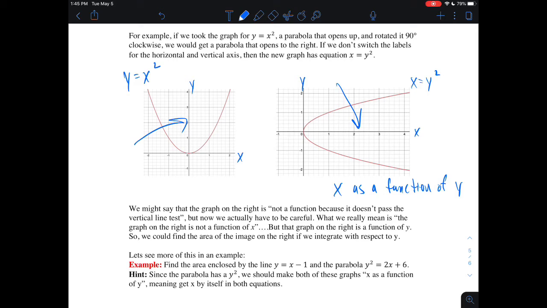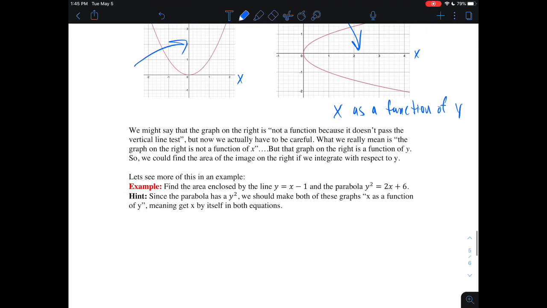But we don't want to do that. The way that we could find areas related to the image on the right is if we integrate with respect to y. And this becomes the main idea: we don't need to worry about y as a function of x. We can just start doing integration relative to whatever our independent variable is.